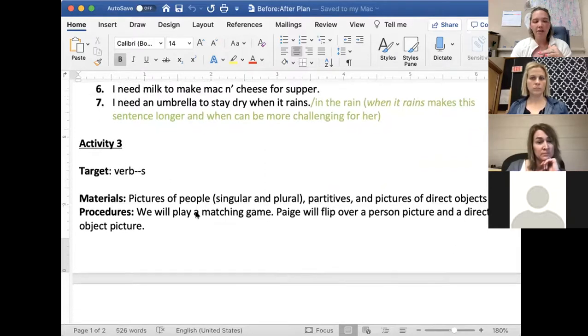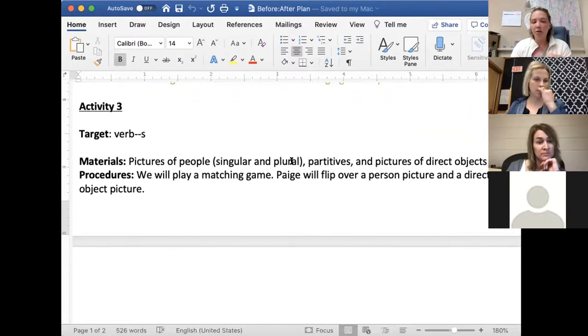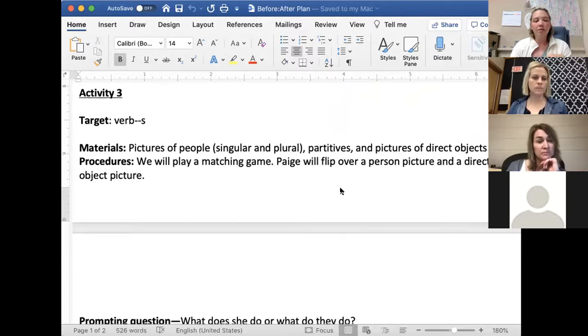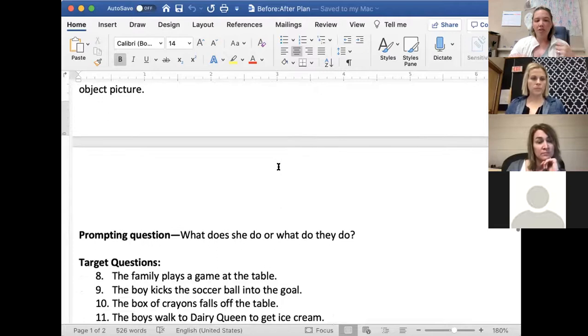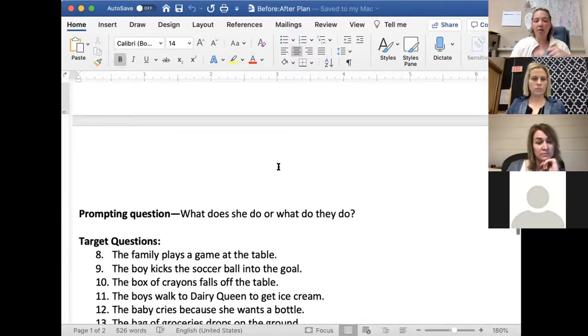So verb S, so pictures of people, singular and plural. We're going to play a matching game. She'll flip over a person picture, and then she'll flip over a direct object picture. What does she do, or what do they do? The family. So she would have flipped over a picture of a family and a picture of a game. The family plays a game at the table.